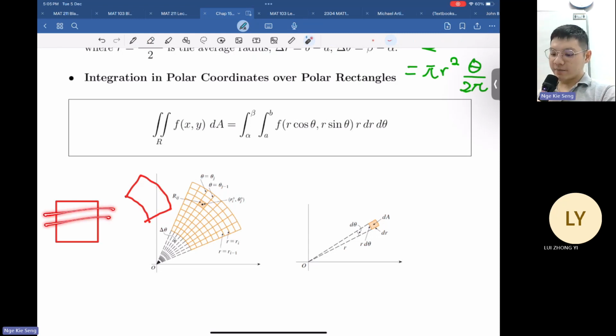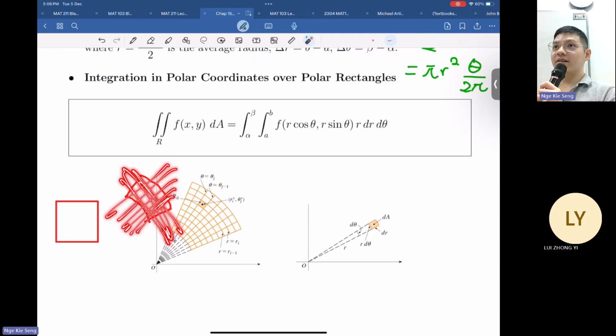Previously you subdivided on x and y, but now you subdivide on angle and radius. Which way is which way? Radius is this way. Angle is this way. Correct, right? Angle is this way, and radius is this way.